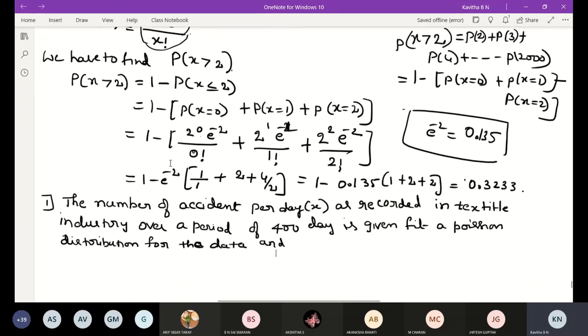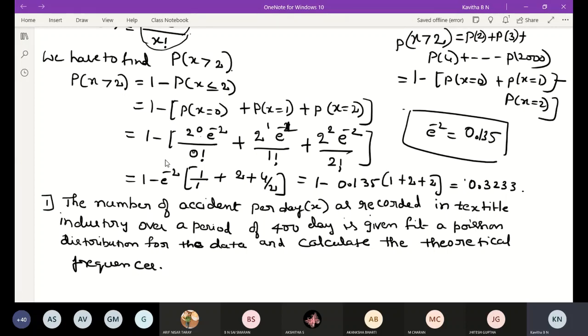The number of accidents per day as recorded in a textile industry over a period of 400 days is given. Fit a Poisson distribution for the data and calculate the theoretical frequencies.